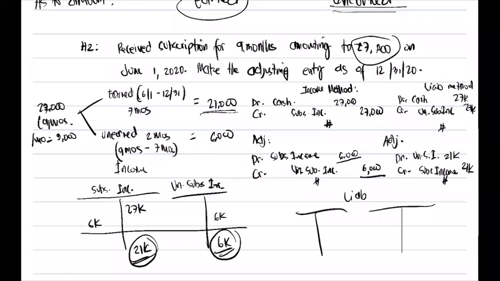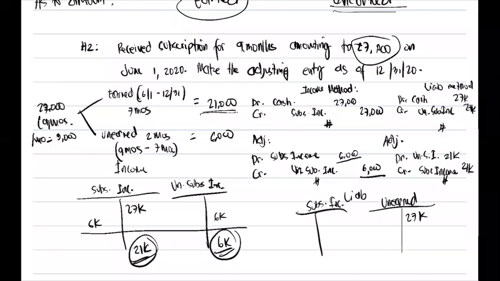How about for your liability? So for your liability, again, we have your two accounts, subscription income and your unearned subscription income. Initially there's no subscription income recorded, but the unearned subscription income is recorded at 27,000.